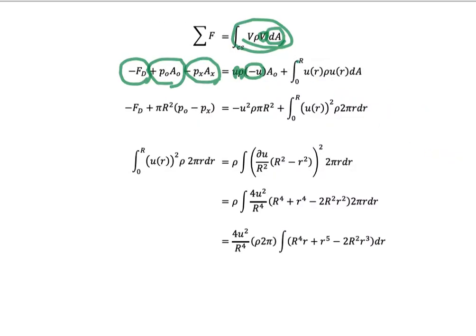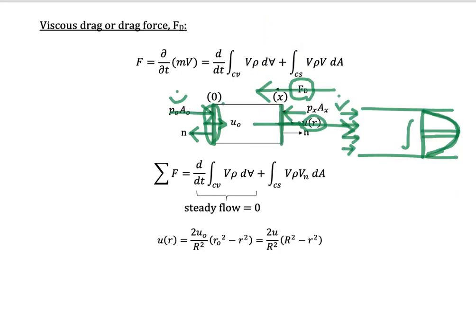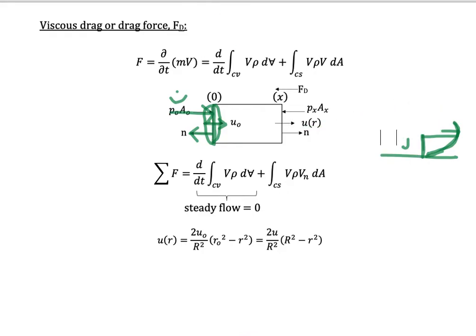So we have the integration from 0 to r. The first velocity here is ur, and then we have the density. According to this one, the ur here is in the same direction as n, so the third term here has a positive value.